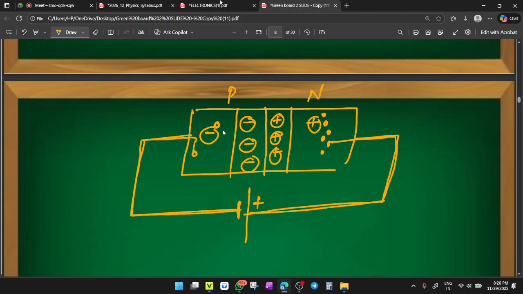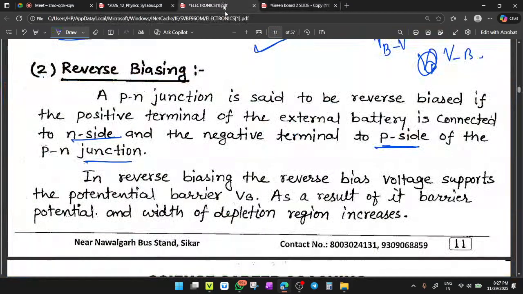As a result, this whole place becomes vacant of mobile charges, and the depletion layer increases because only immobile ions remain, as the mobile charges are accepted by the respective terminals. So the depletion layer increases. Previously, in forward bias, the depletion layer was reduced, but here it increases.